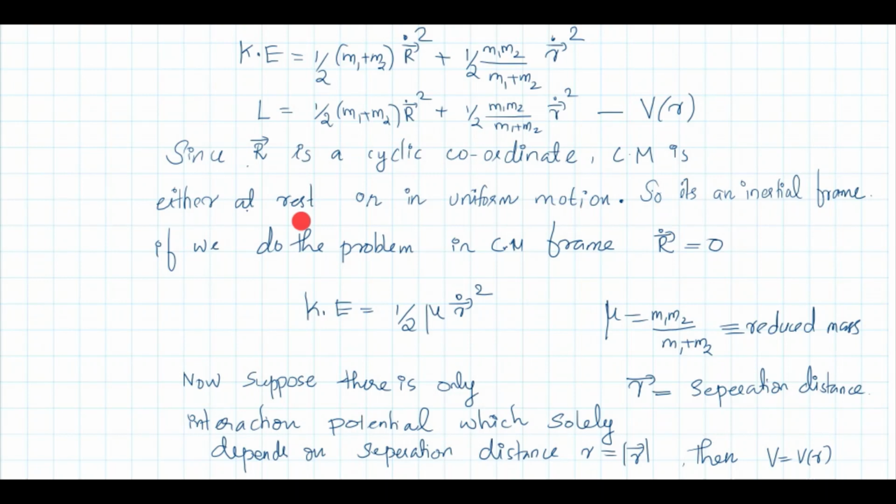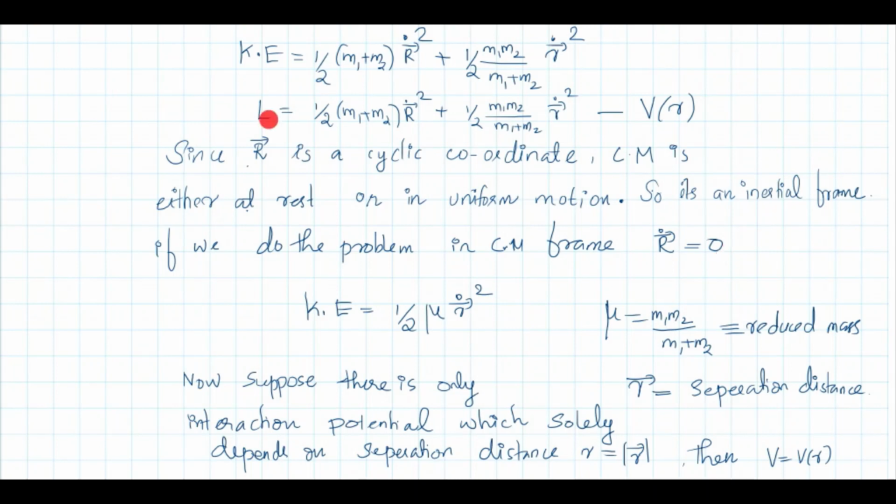So the center of mass is either at rest or in uniform motion. So it's an inertial frame. The center of mass frame is an inertial frame, so we can shift the problem to the center of mass frame. Then we can put R dot as 0.